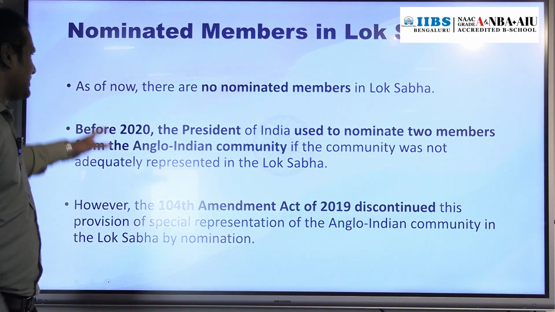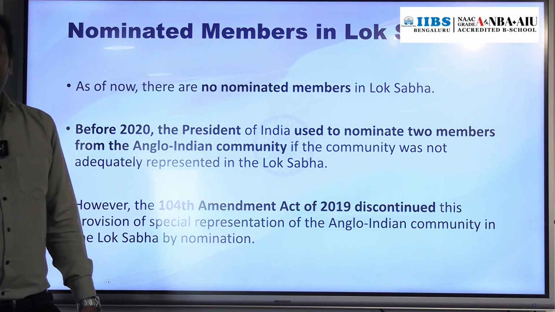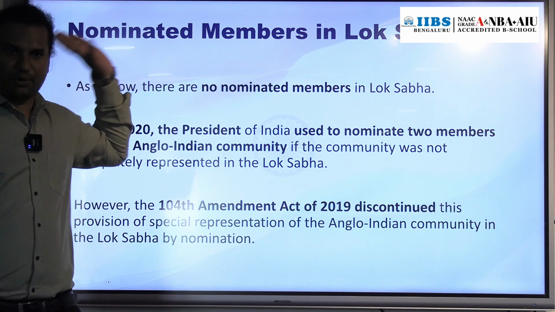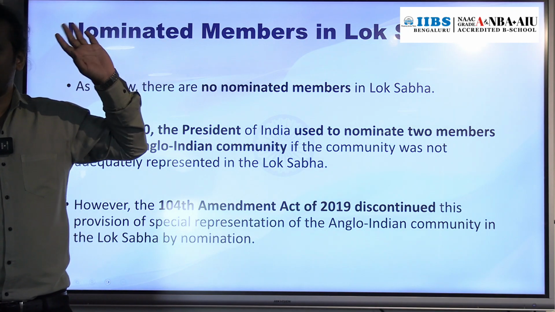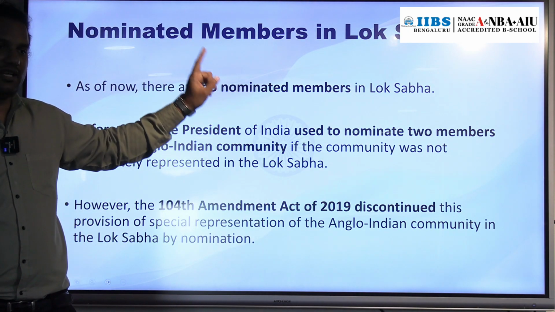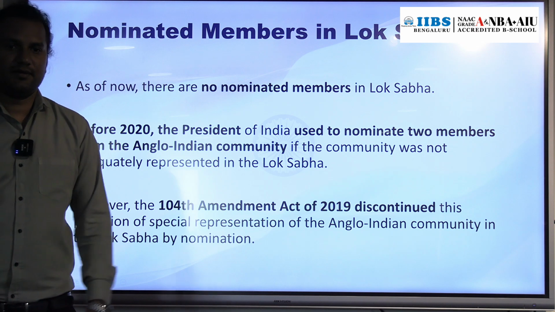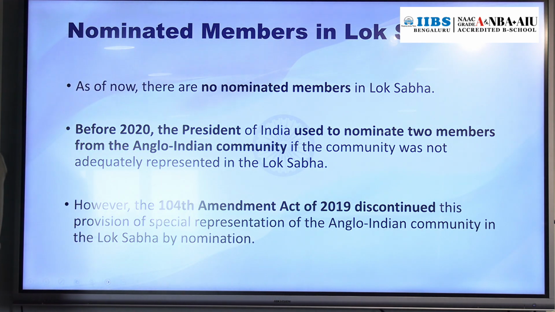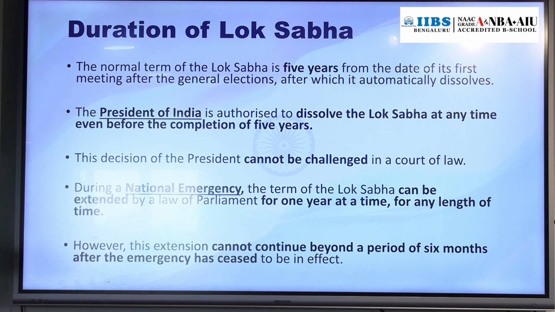But at present there is no such thing, because the 104th Constitutional Amendment Act deleted this provision. Which provision? Nomination of two Anglo-Indians to the Lok Sabha. Understood? So at present there is no nominated member in the Lok Sabha.